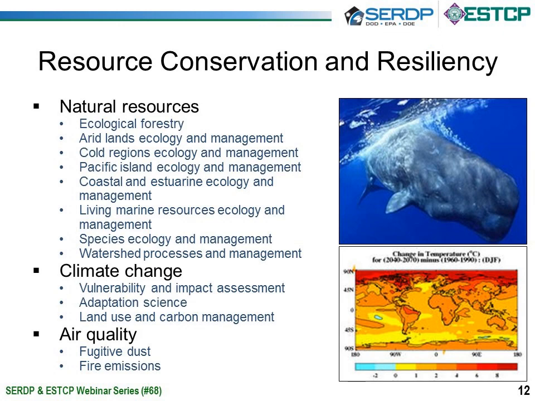Our webinar today is focusing on research and demonstrations that were conducted under the Resource Conservation and Resiliency Program area, which has essentially three main thrust areas of research: natural resources, wildland fire management, and resiliency.